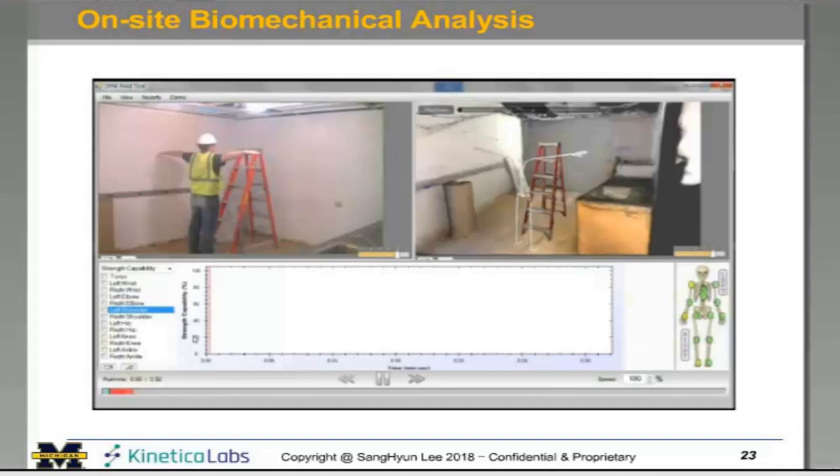Okay, that is just one simple example. So we just say high risk, medium risk, low risk based on the REBA classification. In the end, what we are trying to do is automate all the different body parts and then provide a score. For example, we are automating the Liberty Mutual Snook tables right now. That's possible.